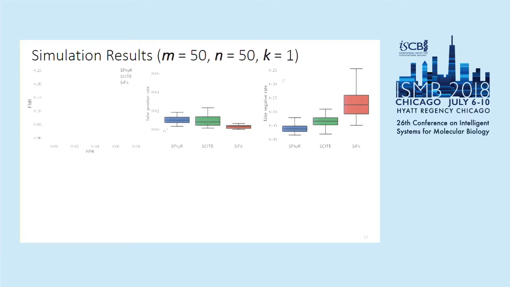Now, if you think about a strawman method, where you don't change your input, so you basically output the same input, then what you will get in expectation is a false positive rate of alpha star and a false negative rate of beta star. So whatever method you run, it better be able to improve that. It should do better than just keeping the input as is. What I'm comparing against here is SCITE and SiFit. They use the perfect phylogeny model, the infinite sites assumption.